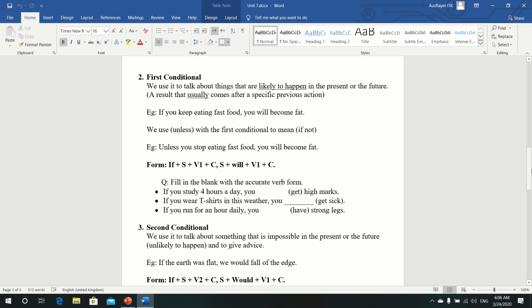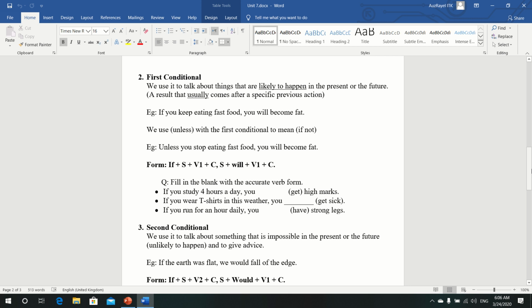If you study 4 hours a day, you will get high marks. You need to understand that in these sentences we will be using the first conditional, not the zero, okay? Maybe the first sentence can work with the zero conditional.